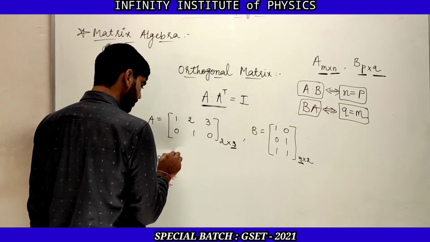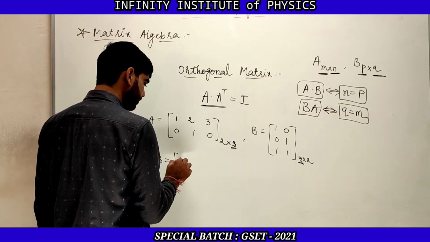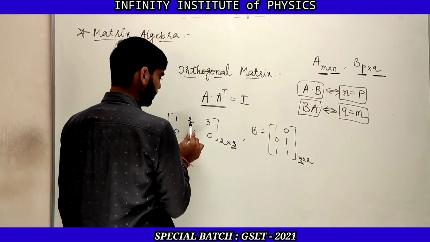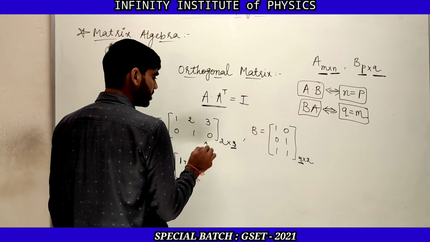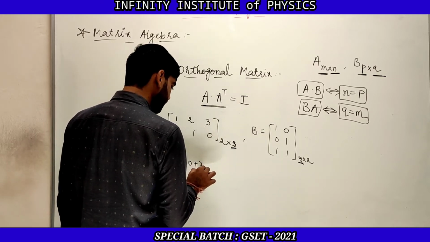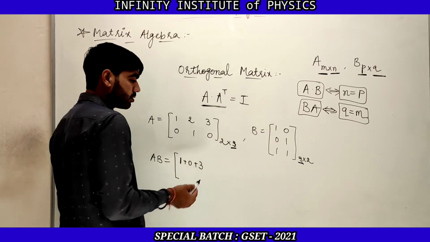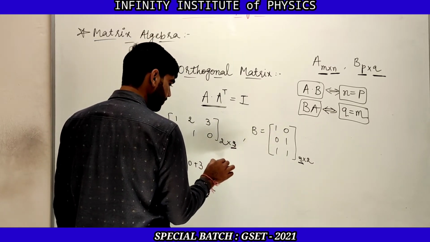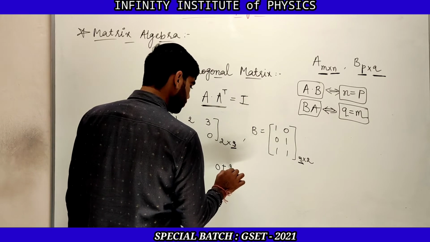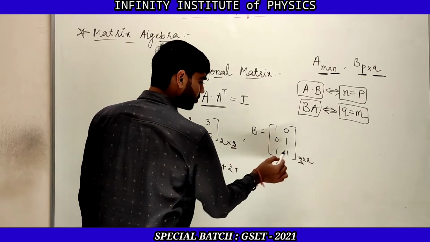So now let us find it. The first entry will be 1 into 1, plus 2 into 0, that is 0. So 1 plus 0 plus 3 into 1, so it is 3. Now the second entry is 1 into 0, so it is 0, plus 2 into 1, so it is 2, plus 3 into 1, so it is 3.